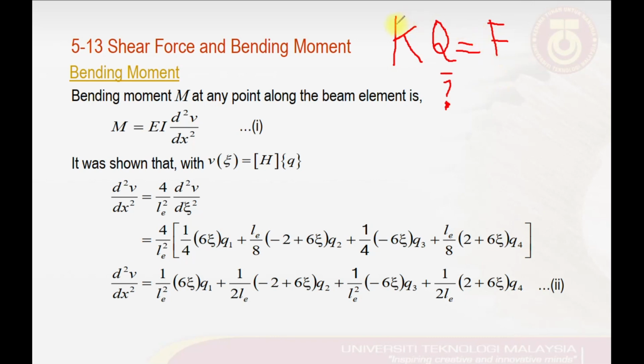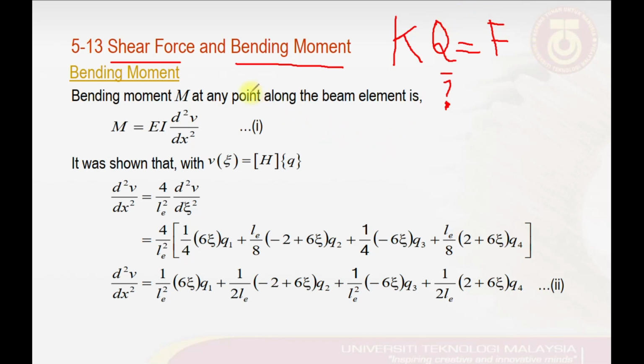So when we have this done and assembled to represent the whole structure that we want to solve, we can now predict Q, and this information can be used in calculating the shear force and also the bending moments.